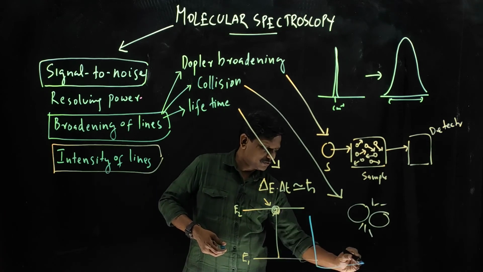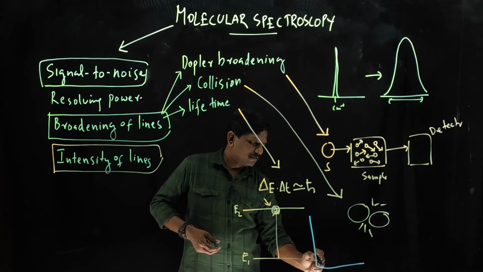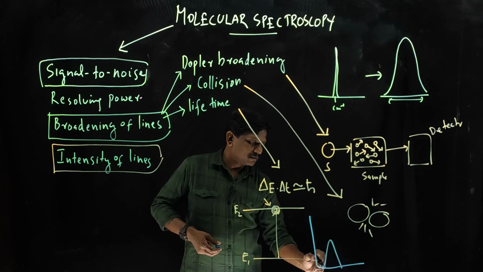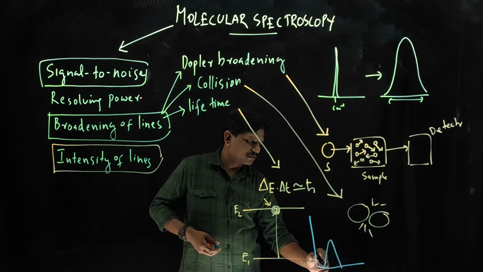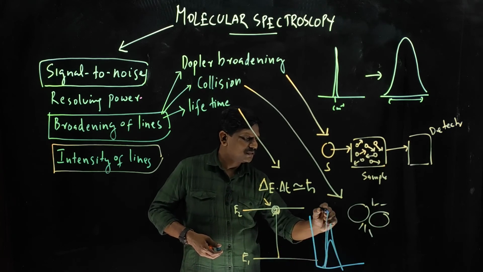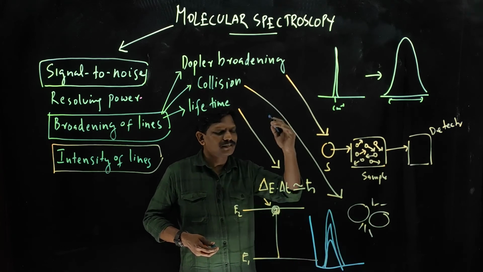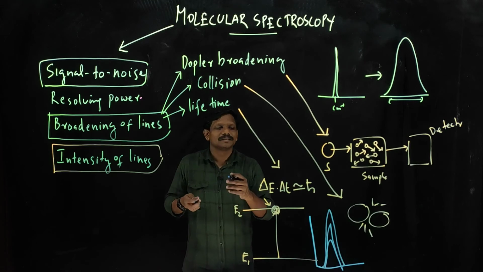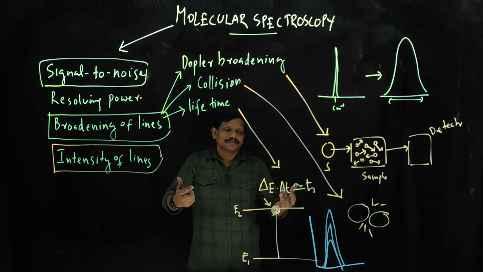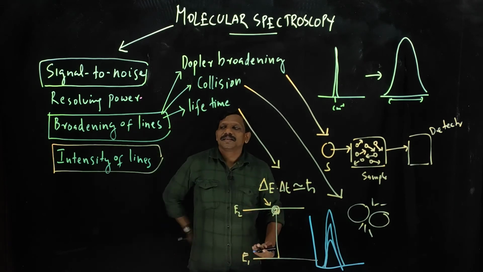This spectra I am drawing here, you can simply see. This is a particular line, this is a particular peak, and this is the same peak with high intensity. So intensity should be very high, otherwise you cannot detect the signals. There should be sufficient intensity.